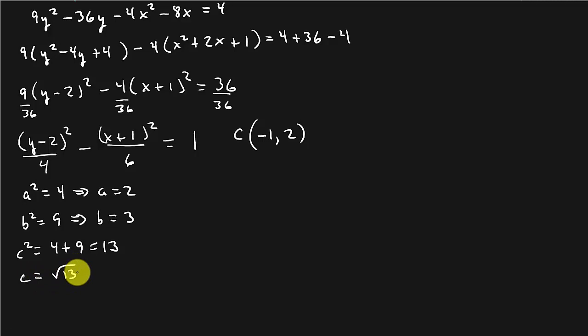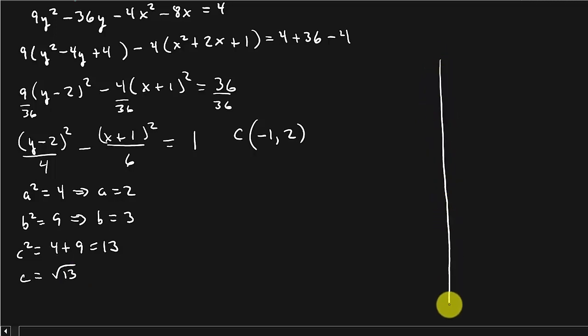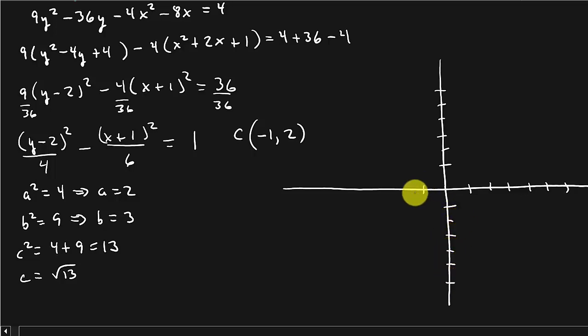All right, so let's start plotting these things, see what the coordinates of our points are going to look like and all that good stuff. All right, so let's just plot the center, negative 1, 2.